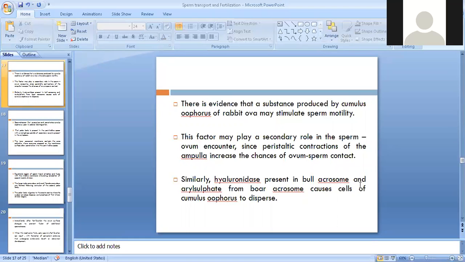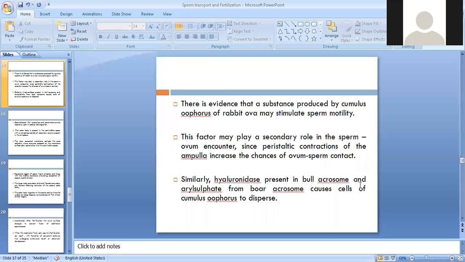There are evidences that a substance produced by cumulus oophorus of rabbit ova stimulates sperm motility, right? So this factor also plays a role in sperm-ovum encounter, and with the peristaltic contractions in the ampulla, the chances of ovum and sperm contact are increased.